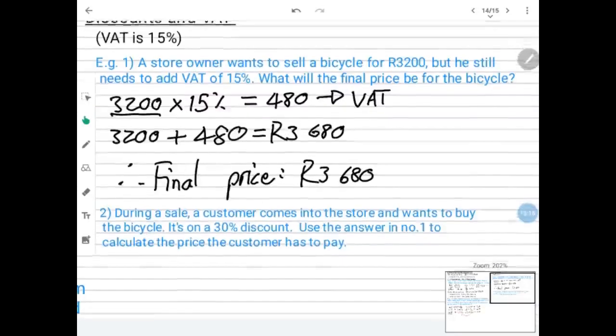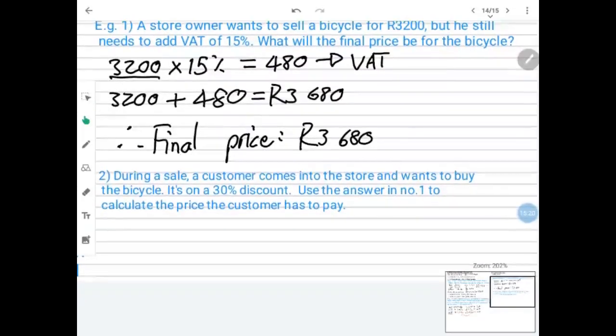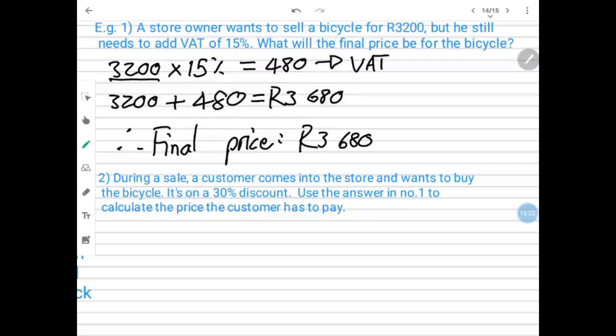Let's just move up a little bit. Final price. We start with 3,680, and we multiply with what? I hope you got it. We multiply with the 30%. Type that into your calculator.